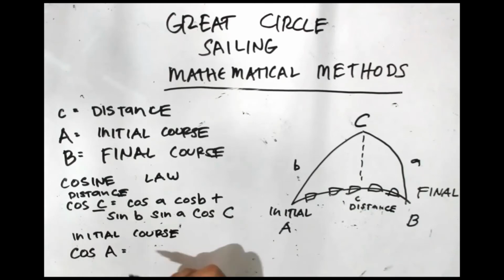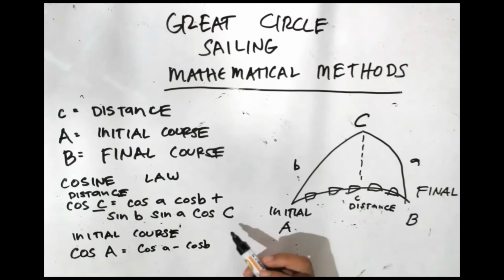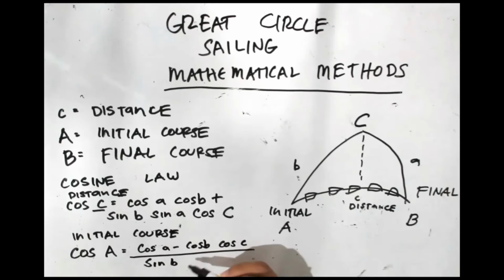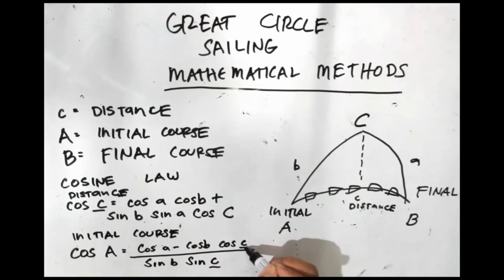Cosine A is equal to cosine small a minus cosine B, okay, times cosine C na maliit, then divided by sine B times sine C na maliit. Okay? So, if you determine the small c, magagamit mo na yung for the initial course kasi meron na dyan yung C na component. Okay?